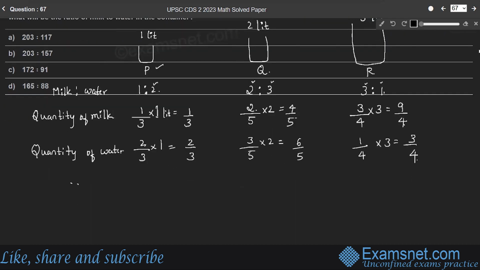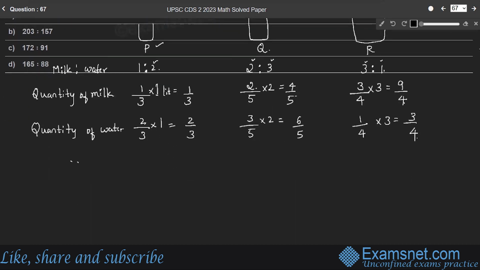When these mixtures are poured into a big container, total milk is equal to 1 by 3 from container P, then 4 by 5 from container Q, and 9 by 4 from container R. Now the LCM is 60.